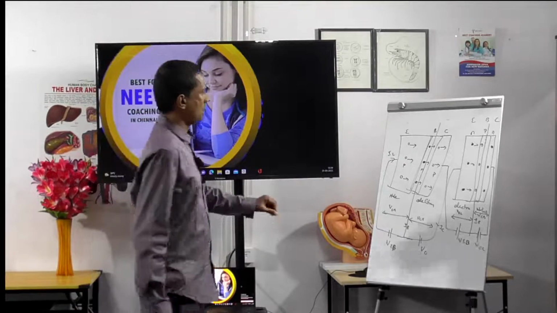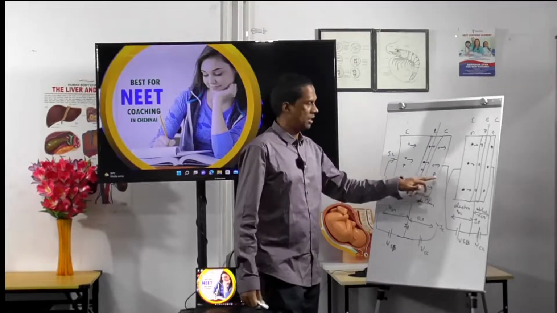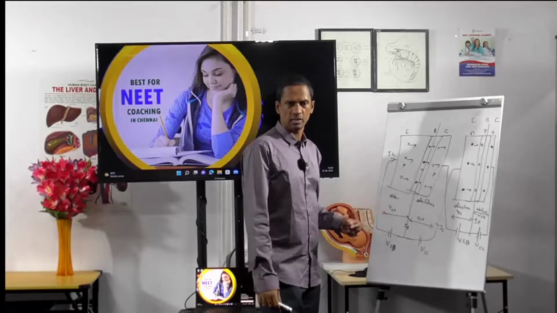So, I am taking two junctions, which is PNP, and here it is NPN. That is the two types of transistor we have.